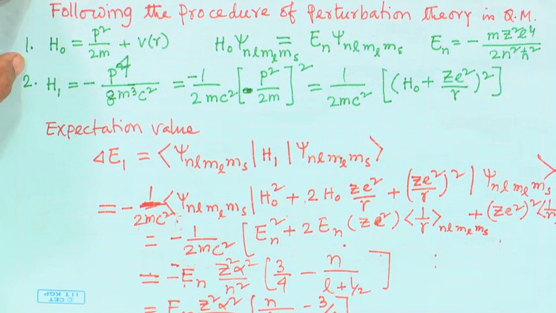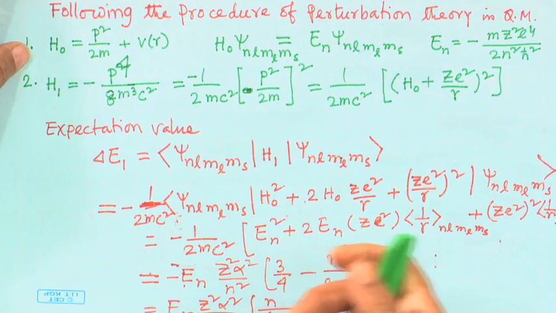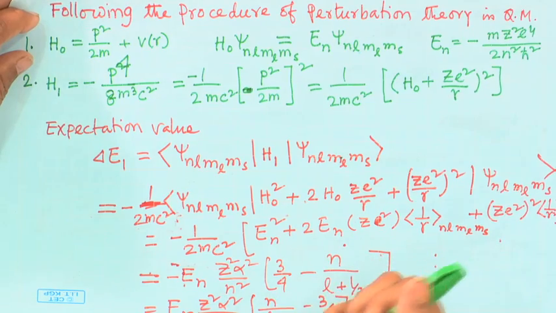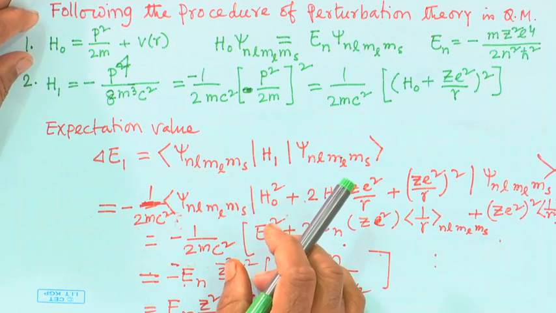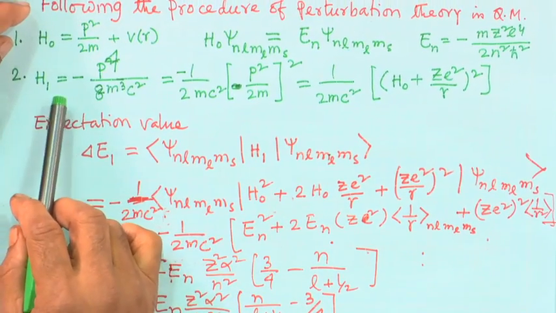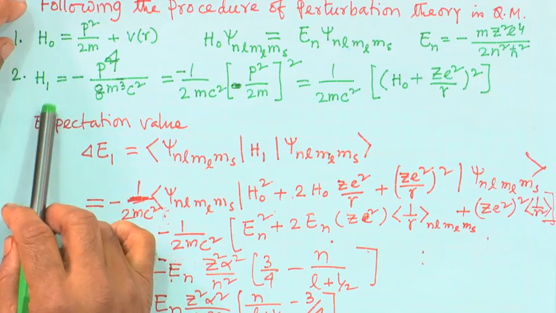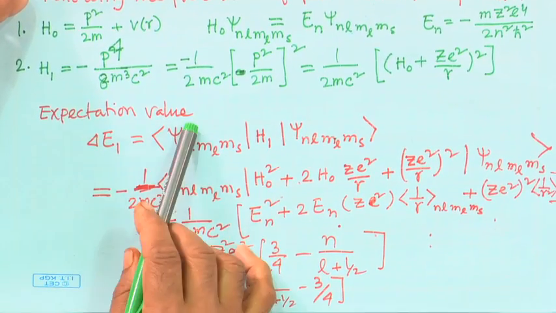Now, using the perturbation, this is the normal procedure of perturbation theory. Without going into details, you know how to find the expectation value. So, for the H1 term, if I find the correction in the energy, we have to find the expectation value.